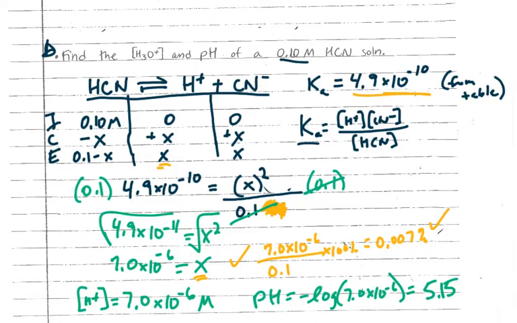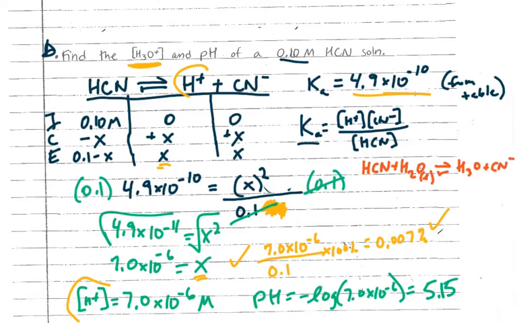I'll just remind you guys to notice that the question asks to find the hydronium ion concentration, but I used hydrogen in the problem. It doesn't matter. They are equivalent. So the way to really write this equation out, with hydronium, would be HCN plus water, liquid water, reacts to form H3O+ and CN-.